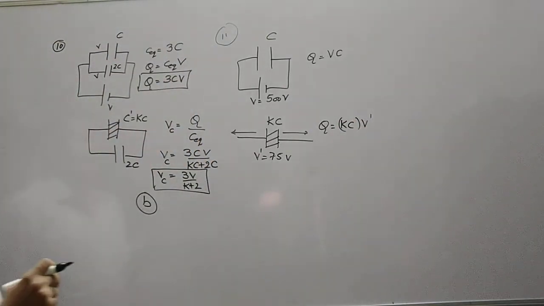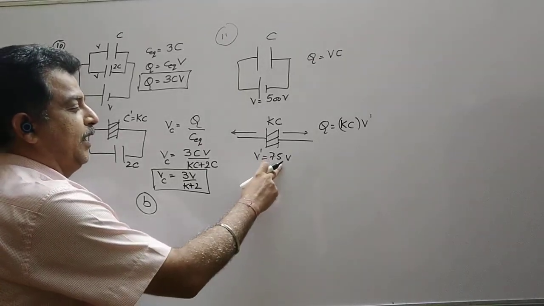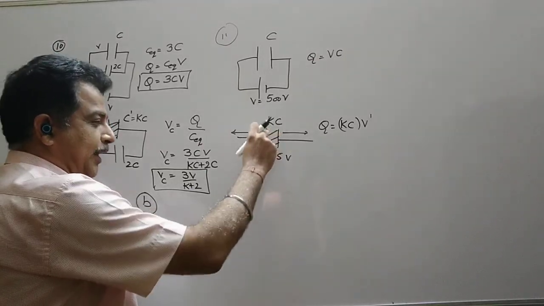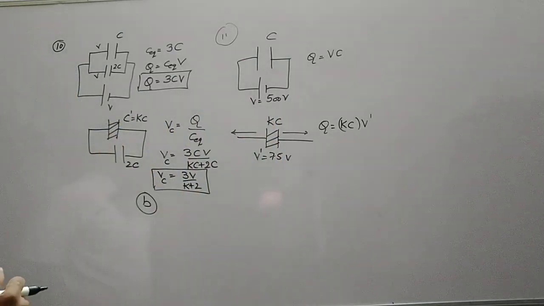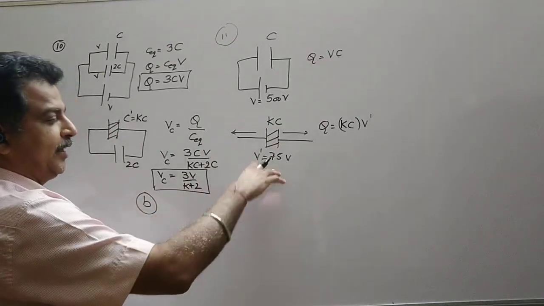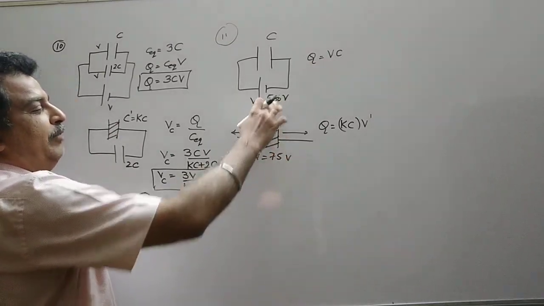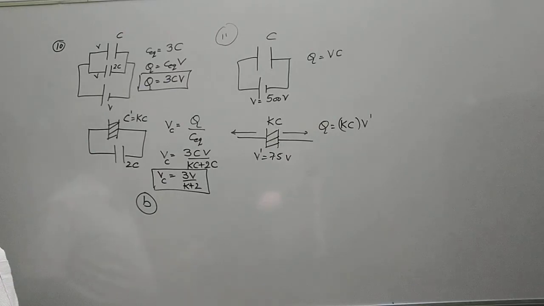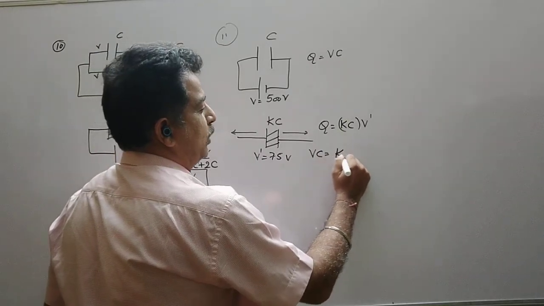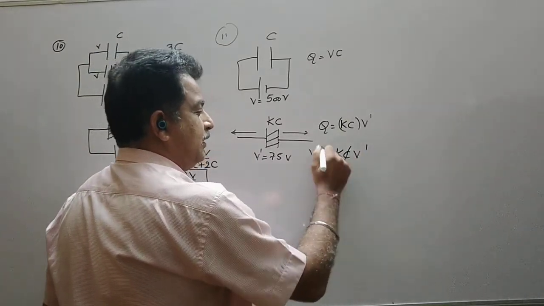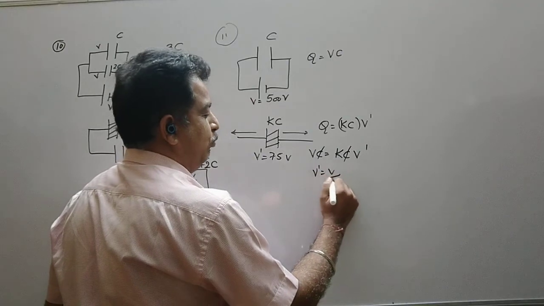So see, the battery is removed, so the potential difference has decreased because the dielectric is introduced, capacitance becomes K times and the potential difference decreases. So it has become 500 to 75. Actually it becomes 1 upon K times directly also. So total charge remains the same. So I can write CV is equal to KC V dash. C is cancelled, so V dash is equal to V by K.